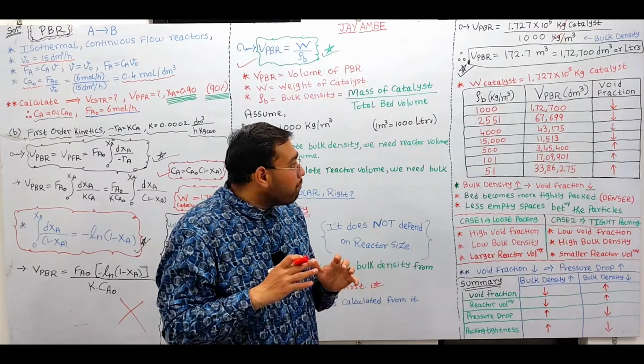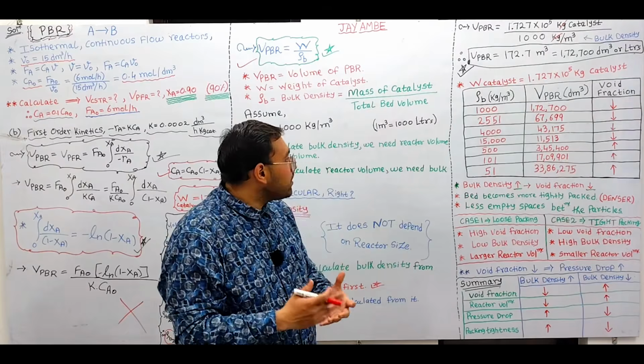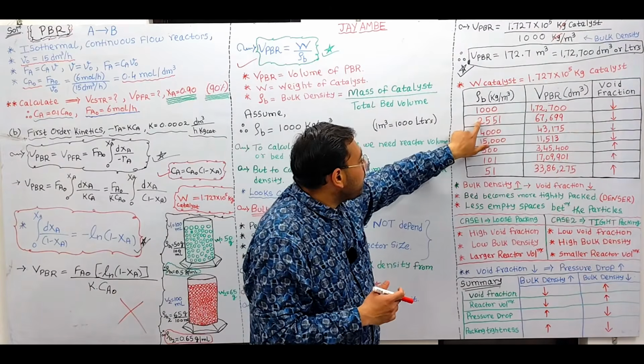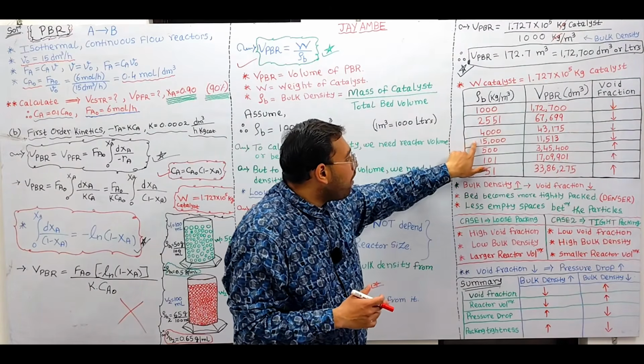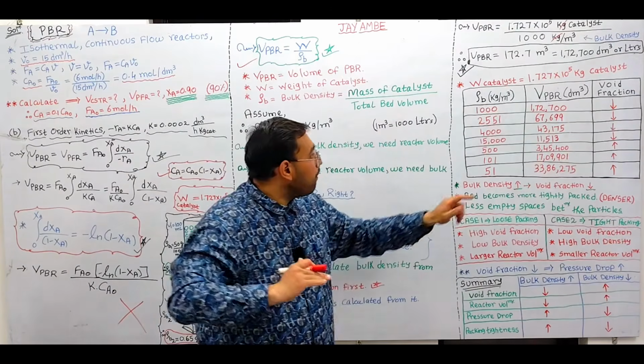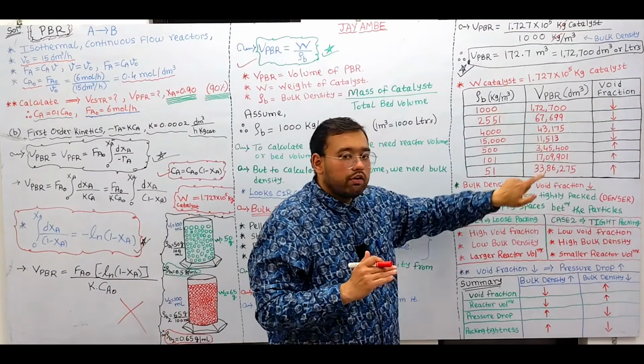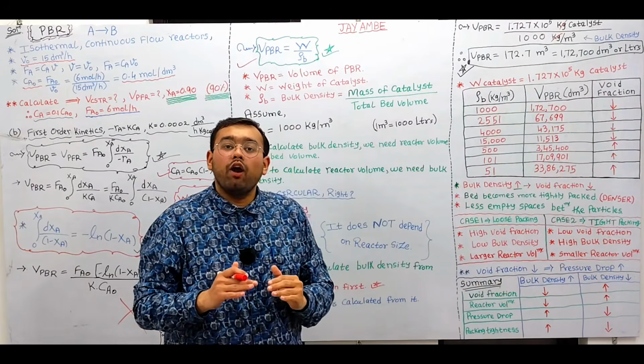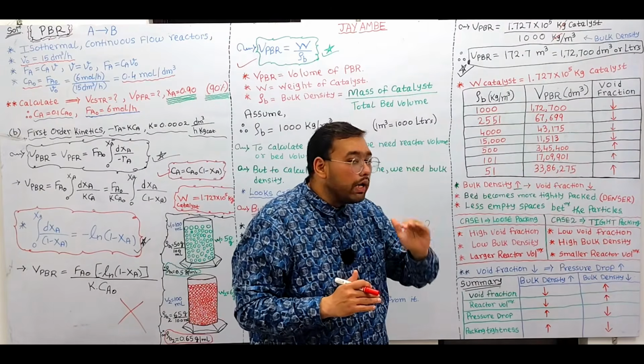Which means by increasing the bulk density from 1000 to 2551 to 4000 and 15,000, the volume of the packed bed reactor decreases, and the void fraction also decreases, right?